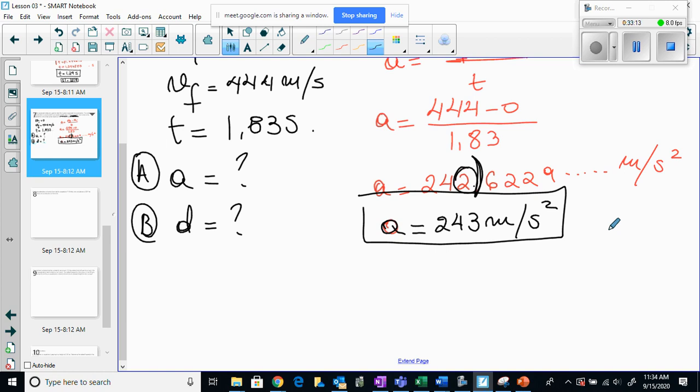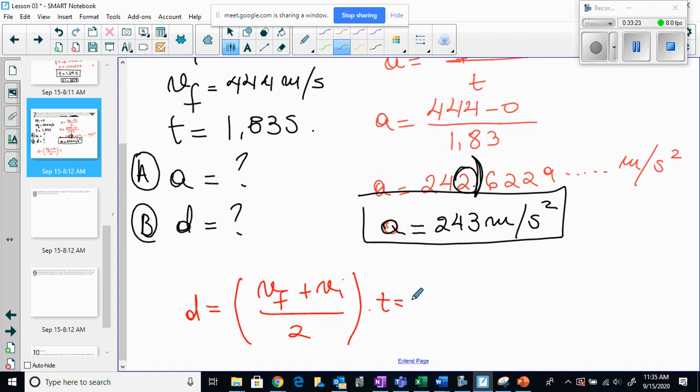So the formula that we will use in this case will be displacement is equal to V final plus V initial over 2 times time. And since V initial is equal to 0, this will be 444 divided by 2 times 1.83.